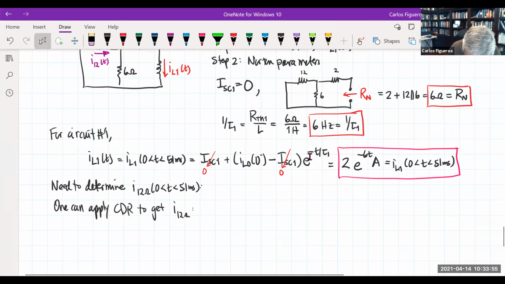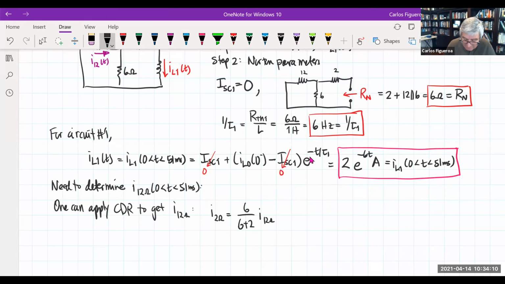So the current of the 2 ohm resistor should be the opposite resistance divided by the sum, equal to the incoming current of the 12.